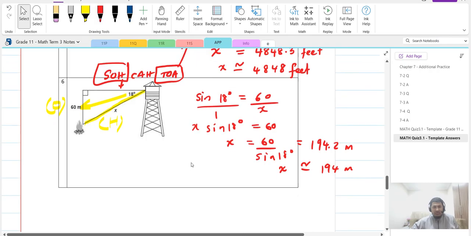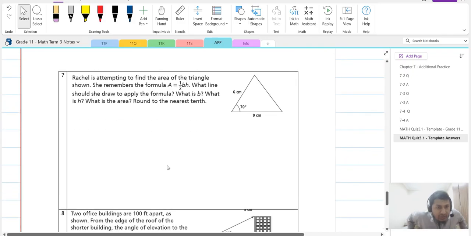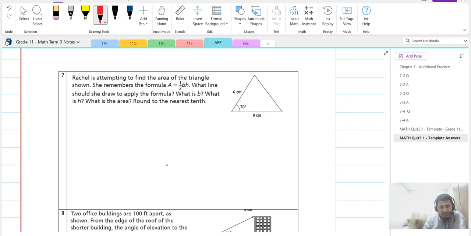Right, next one. Question 7. Rachel is attempting to find the area of the triangle shown. She remembers the area is half base times height. What should she draw to apply the formula? Obviously she needs to draw a perpendicular height here, right? But we don't have a perpendicular height.